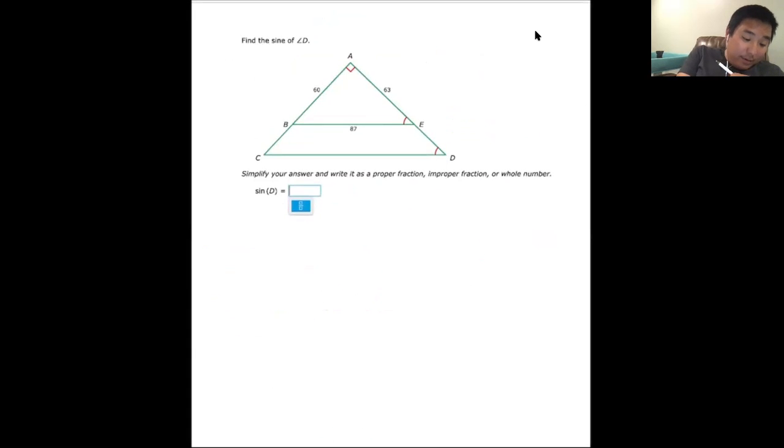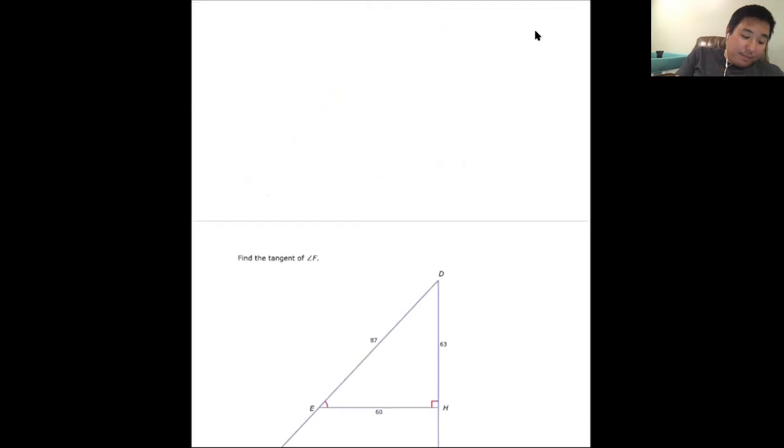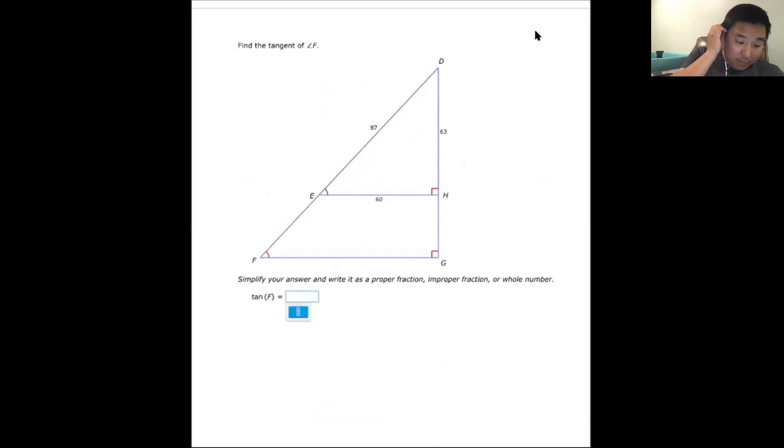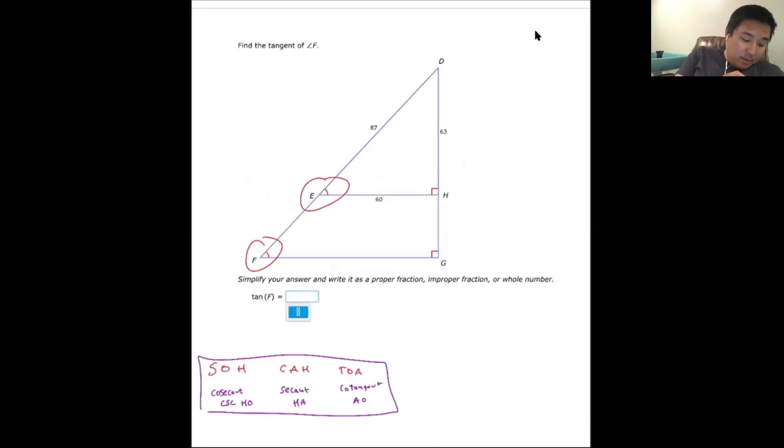D, having D, which is the same as the angle E. And then this is the hypotenuse, adjacent and opposite. So I want 60 over 87. Angle F is the same as angle E. And angle E, I want tangent. So I want, this is opposite, this is adjacent, this is hypotenuse. So it's 63 over 60.